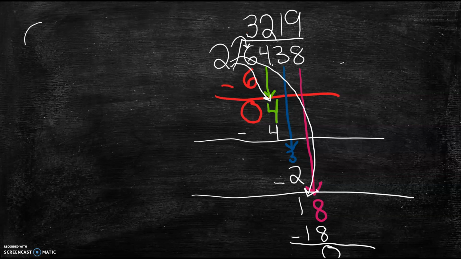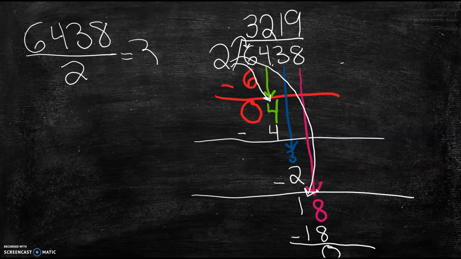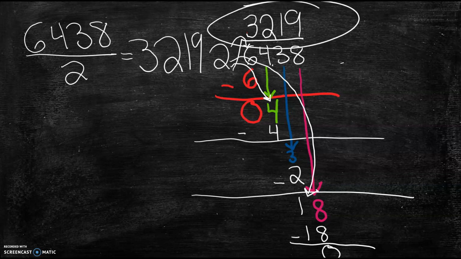So now we know that 6,438 divided by the number 2 is equal to 3,219. Ta-da! And that is how you do long division. So let's do one more practice, and then you're going to go ahead and play the game that I sent you to practice and work on a worksheet, okay?